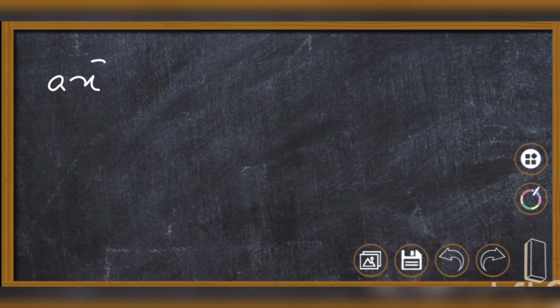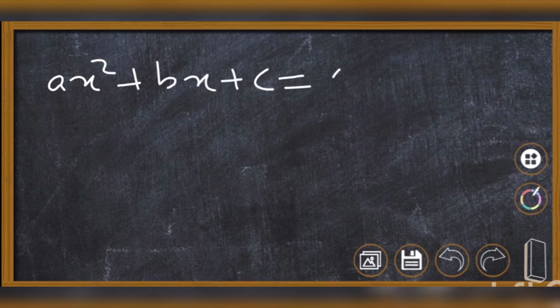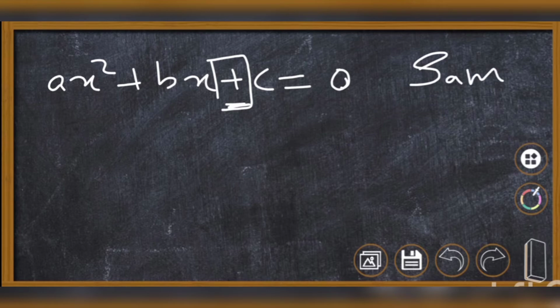Now in the first equation, the basic equation ax square plus bx plus c is equal to 0, first see what c's sign is. It is positive. So when it is positive, the roots will have the same sign.